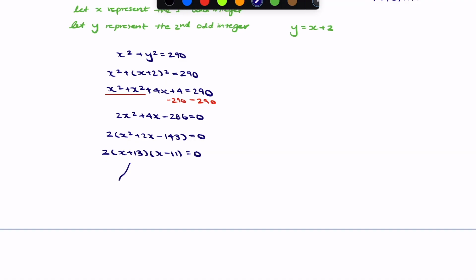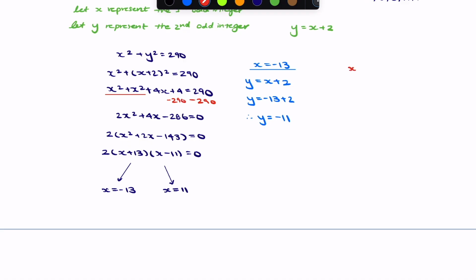So here we have two answers. x is equal to negative 13 and x is equal to 11. And so here, if x is equal to negative 13, we get y is equal to x plus 2, so y will be equal to negative 13 plus 2, and therefore y is equal to negative 11.